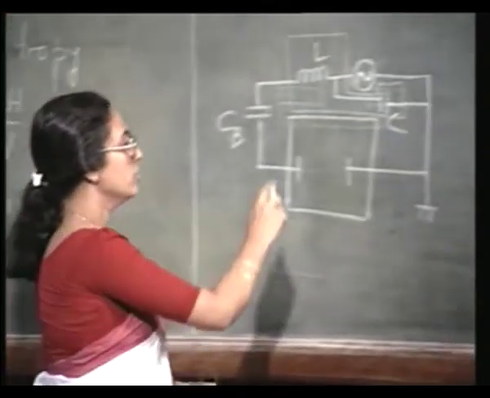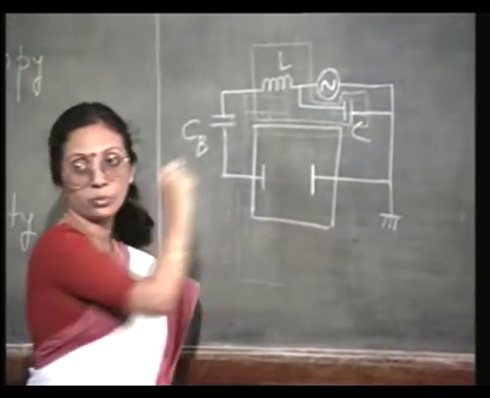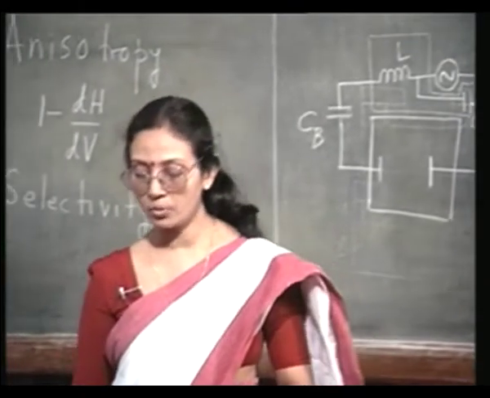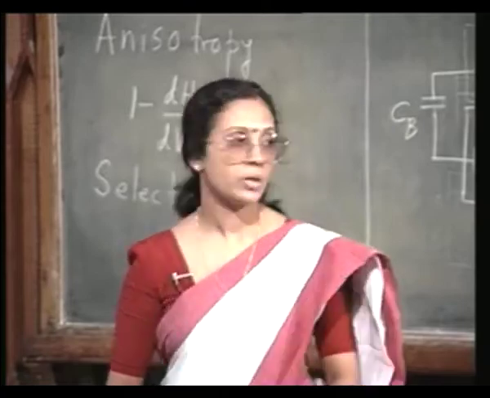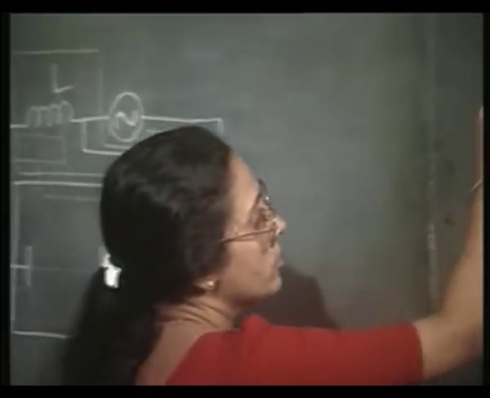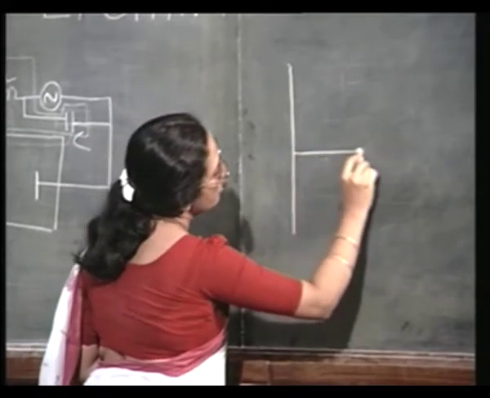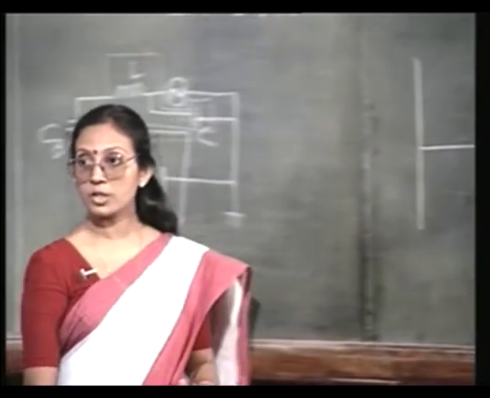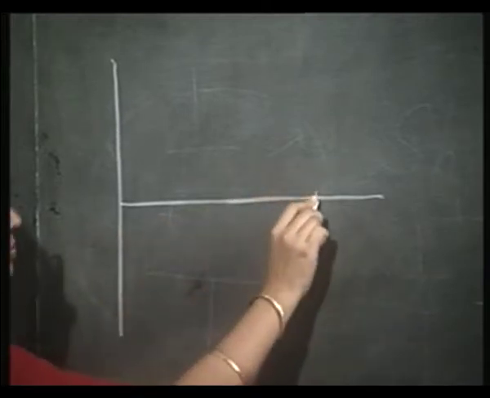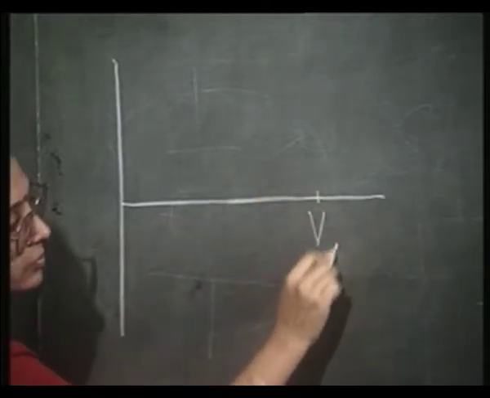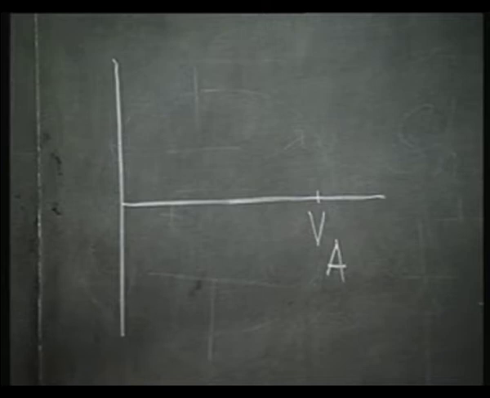We always call this one anode. The grounded electrode is always called anode. So, at the anode the potential is always going to be 0 because I have permanently grounded it. This is my anode potential.